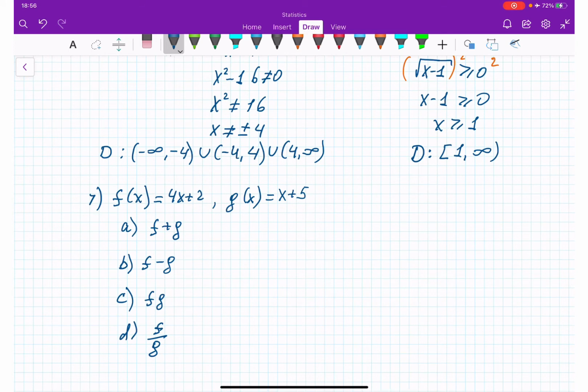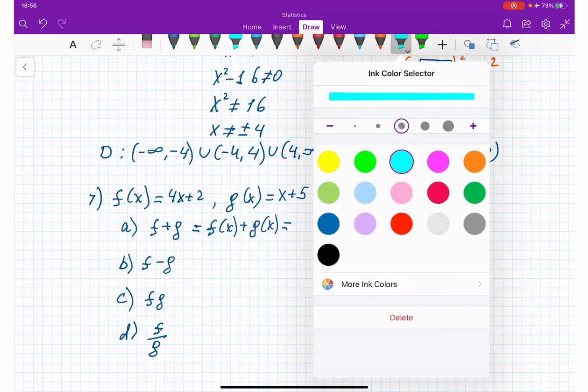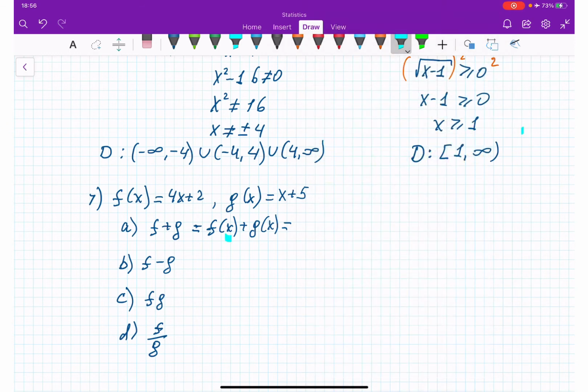So, f plus g is equal to f of x plus g of x, or since both of them depend on x, then we can write f plus g of x, and we have 4x plus 2 plus x plus 5.